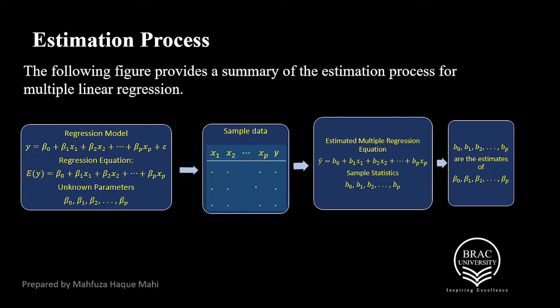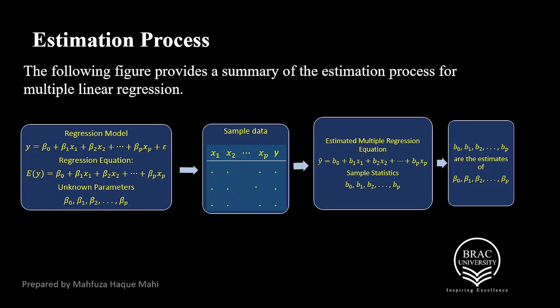From this regression model, we can get the regression equation, which is expected value of y equals beta 0 plus beta 1 x1 plus beta 2 x2 plus up to beta p xp. So here, beta 0, beta 1, beta 2 and beta p are the unknown parameters of the regression model. Then we have to collect sample data for the dependent variable and all of the independent variables.